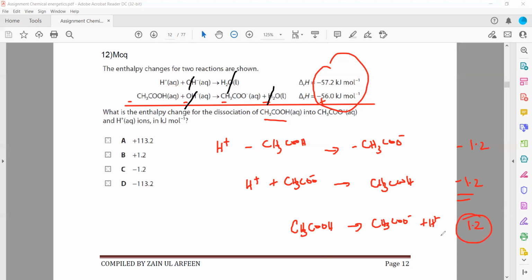It will be positive 1.2. Why does the sign completely change? Because we reverse the direction of the arrow. Ions forming a molecule was negative 1.2, but we want a molecule to form ions. So when a molecule forms ions, the energy change will be opposite. That's why if one is negative, the other one should be positive. Is it clear, this question?